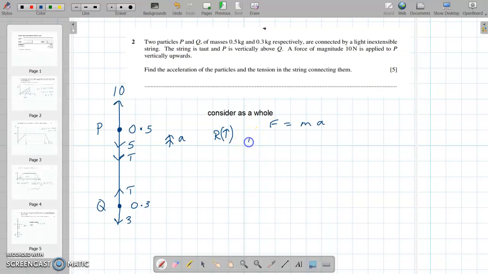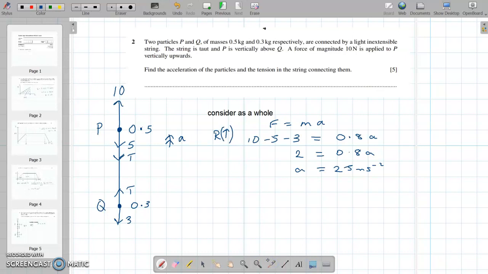So we've got 10 minus 5 minus 3 equals the total mass, which is 0.8, times A. So 2 equals 0.8A. So A is 2 divided by 0.8, which is 2.5 meters per second squared.